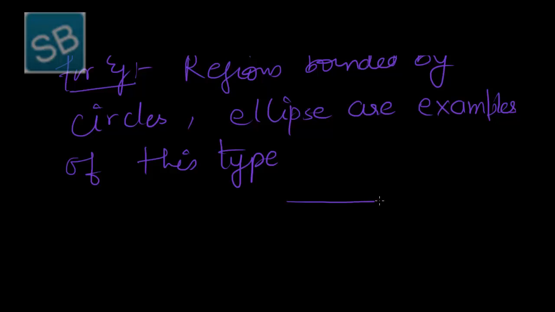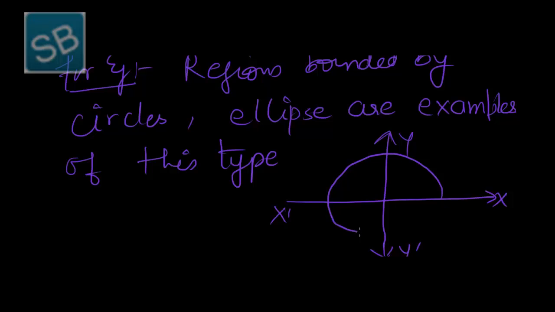Consider a circle. This is the x-axis and this is the y-axis. So this is a circle. It is symmetric about the x-axis, and about the y-axis as well. So it is symmetric about the x-axis and y-axis.